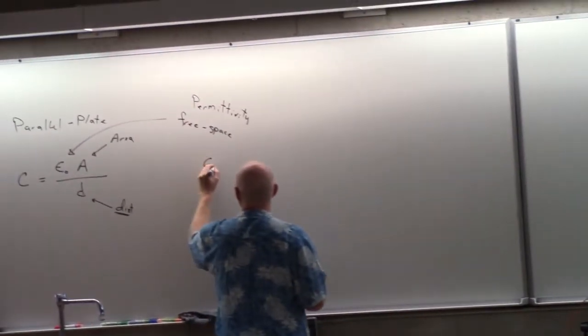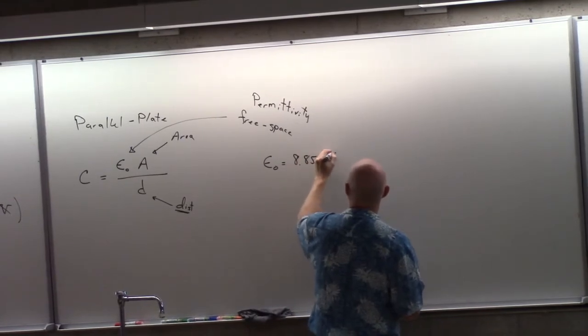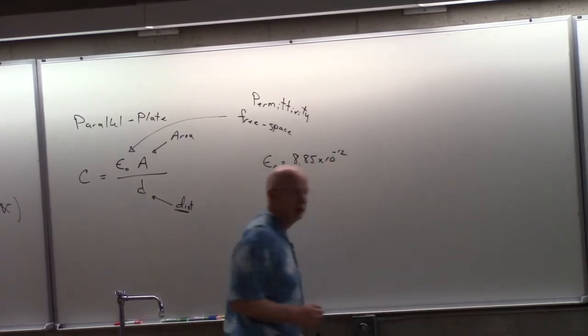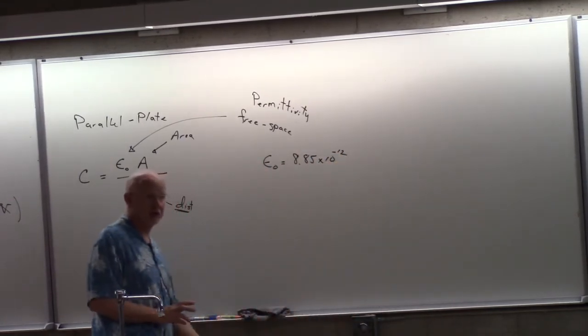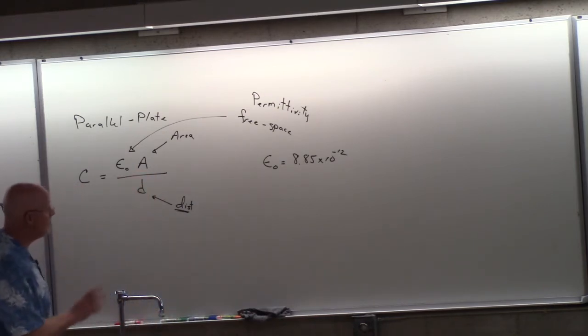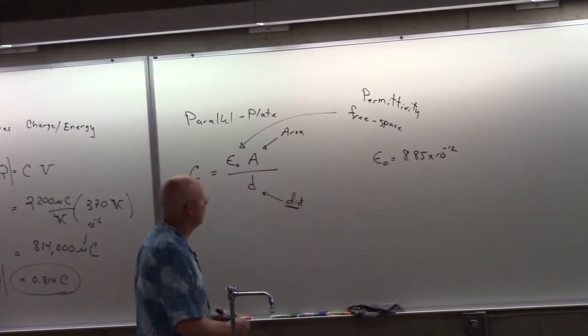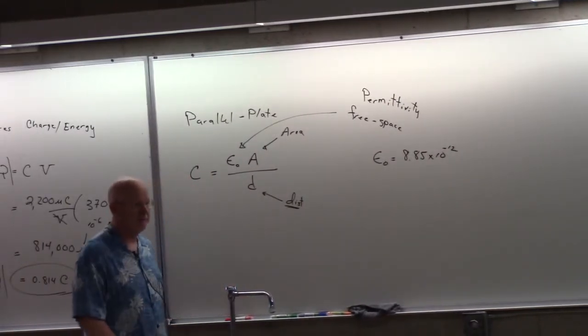It's a Greek letter epsilon. It's 8.85 times 10 to the negative 12. Let me hold off on the units for just a second. But this is the number that I would use if what I had between them is free space.